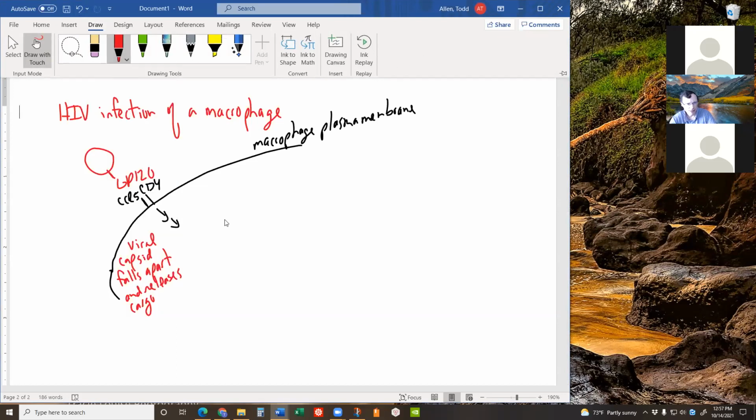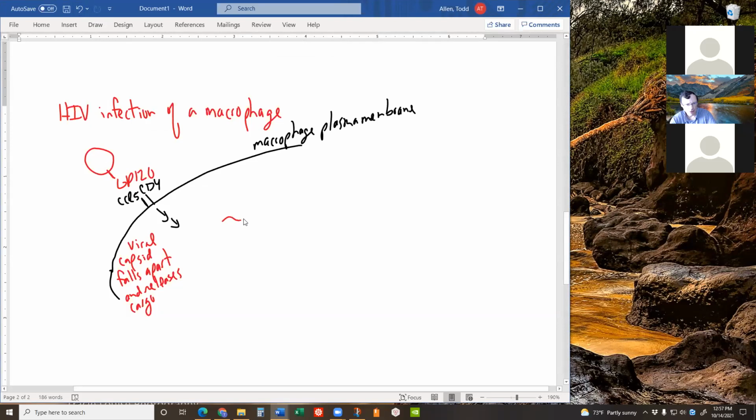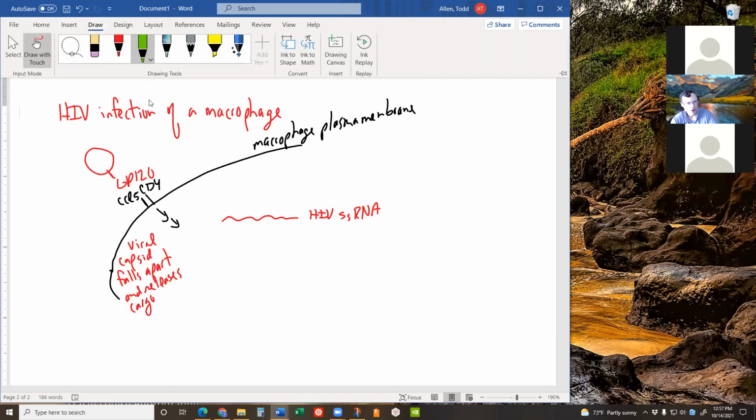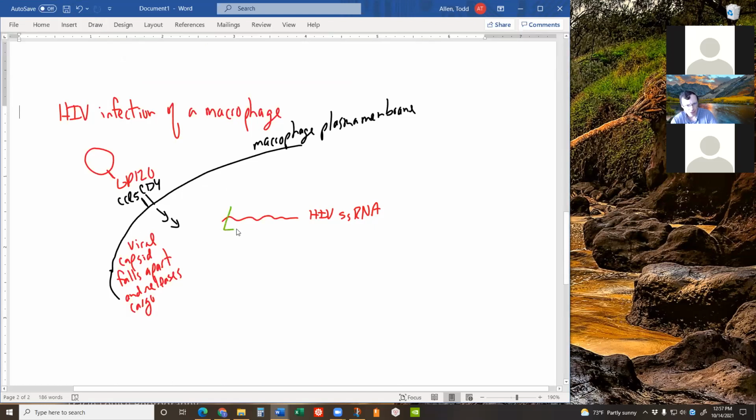So continuing here with our little cartoon, you're going to have the HIV single strand RNA, right? That's what it is. And you're going to have the reverse transcriptase enzyme, which was also dumped inside the cytoplasm. It will sit down on this, go across it, and make a copy of HIV single strand DNA.